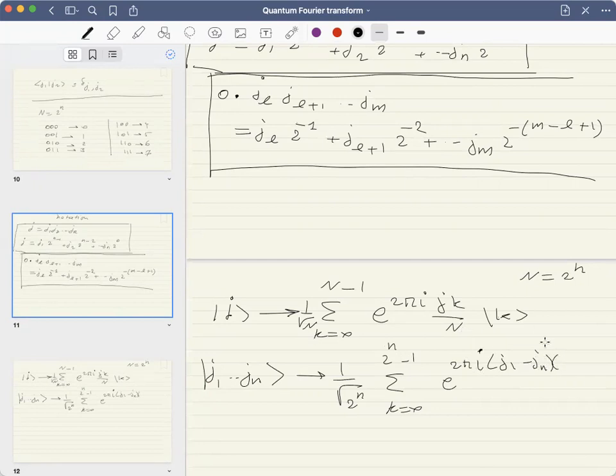K has a binary representation K1 to Kn. This whole thing is divided by 2 to the n. And that multiplies a vector K1 to Kn. Now we can view that as a tensor product of a bunch of single qubit states. This is actually a set of dots, so this is just a binary representation there.